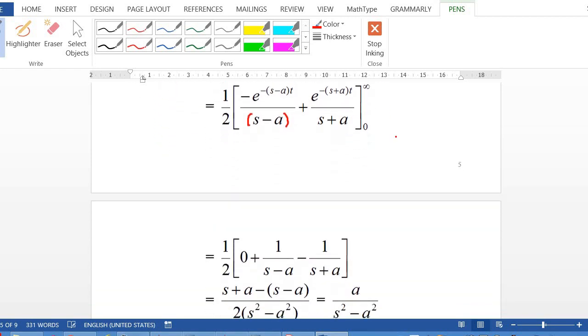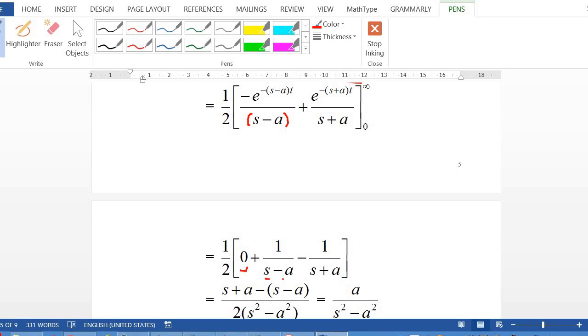And then when you plug in t equal to infinity, exponent negative infinity gives 0. This means substitution of the upper limit gives 0.